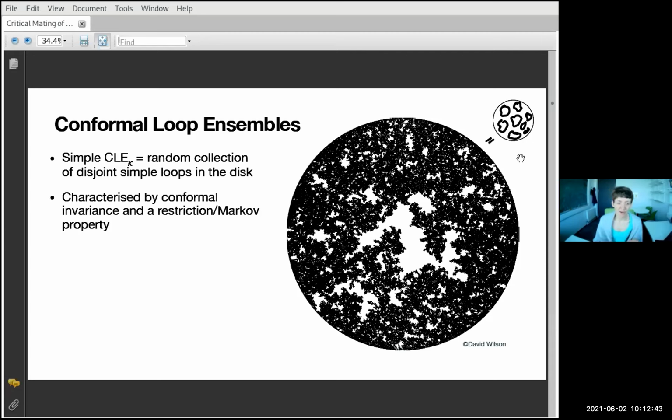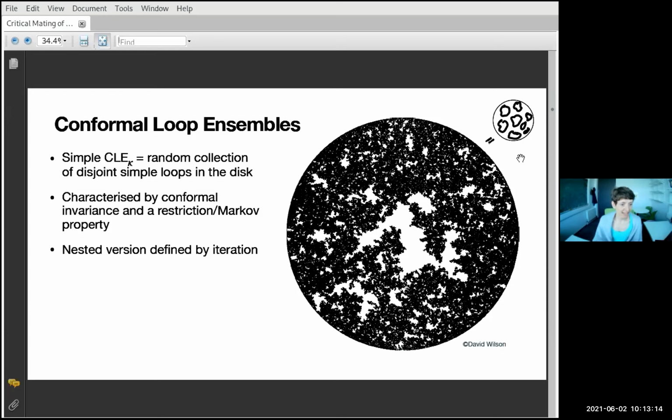And this gives a very natural way to define something which I'll call a nested CLE, which is going to be an infinitely nested sequence of loops. What you do is you start with a simple CLE, then inside each loop, you sample an independent further CLE, and then you keep going. Okay, so you have an infinitely nested, iterated CLE in the unit disk.